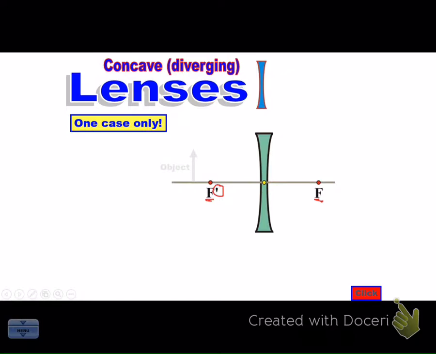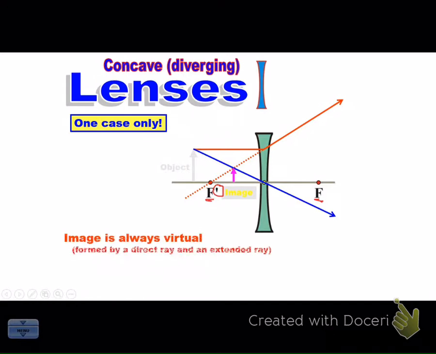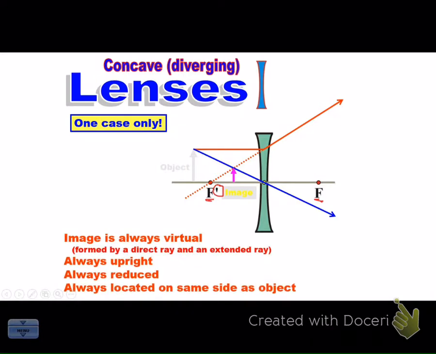Very similar. We're going to place an object in here, and we're going to see how the rays converge or diverge, and then analyze it to see what the image might be. So let's do that for a concave lens. As I showed you how to do the ray diagram before, we take step 1, go straight across to the surface of the lens, and then we're going to bend it up and away.